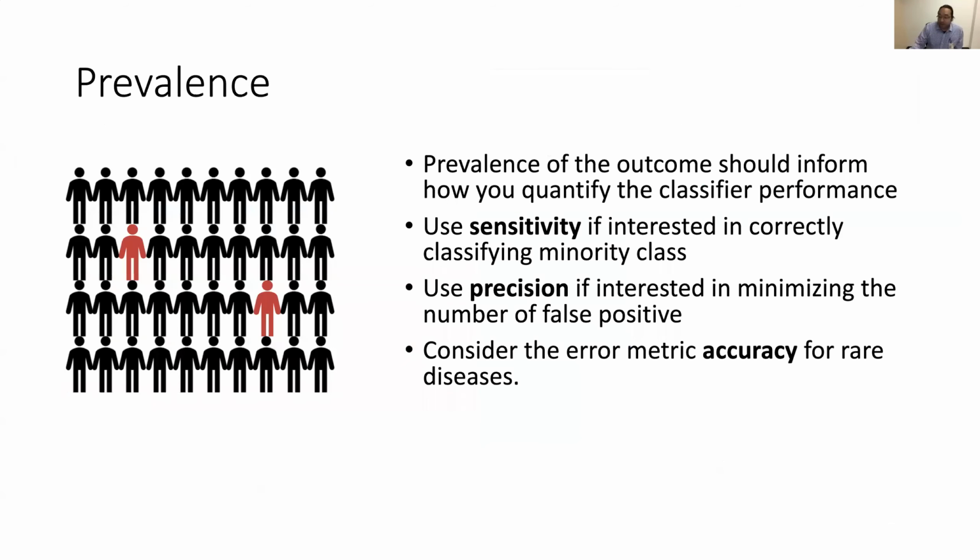So let's talk about prevalence. Prevalence is basically how many cases you have in your total population. For very rare cases, that number is quite low.